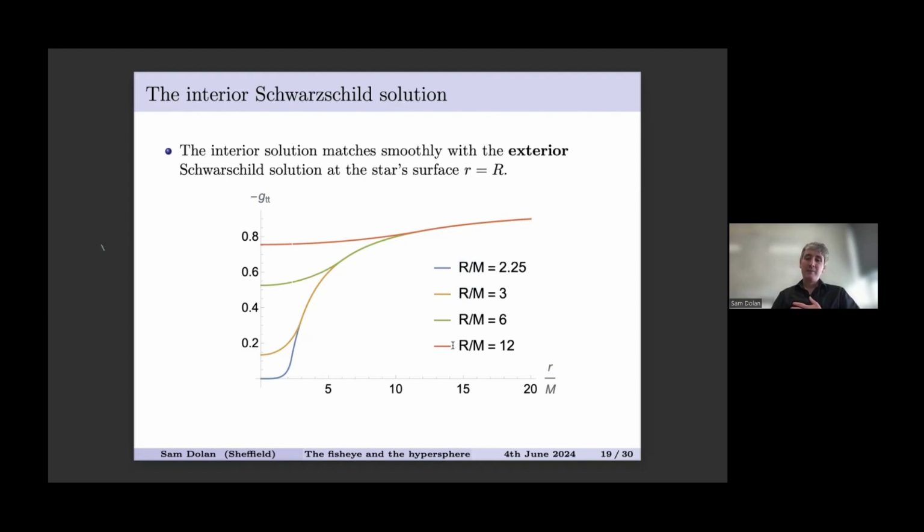For more dilute stars, the lapse or the GTT stays quite close to 1, but as we approach the Buchdahl bound, GTT can get down to 0 in that critical case. So we've got deeper potential wells for more compact stars.